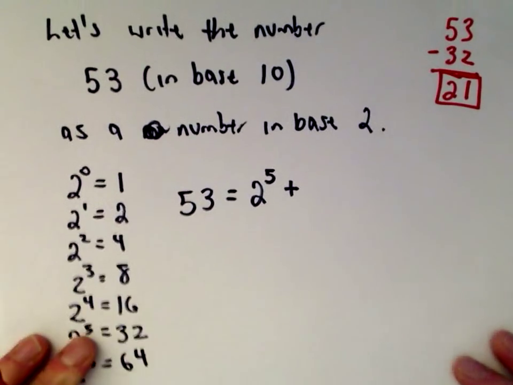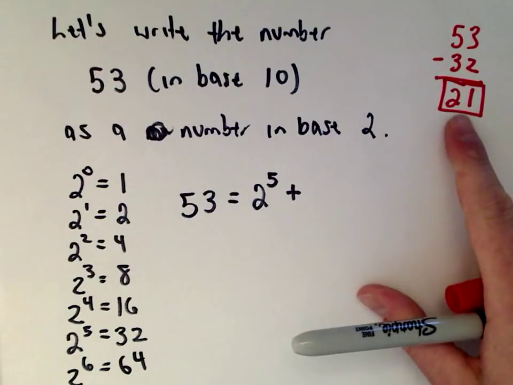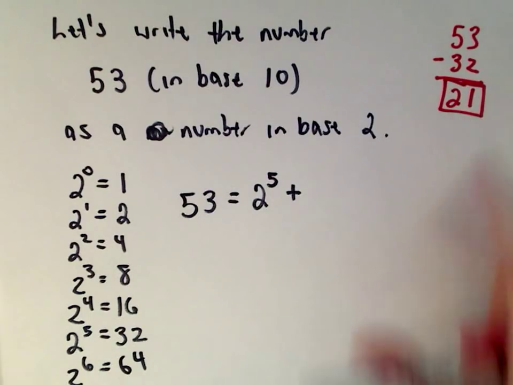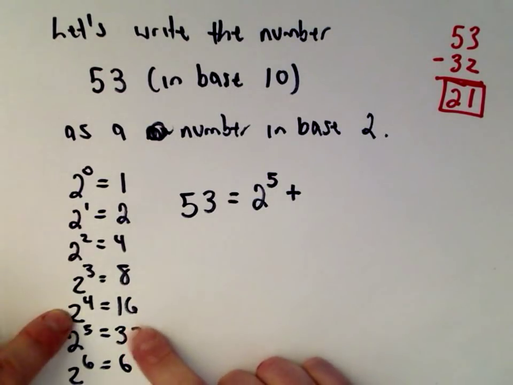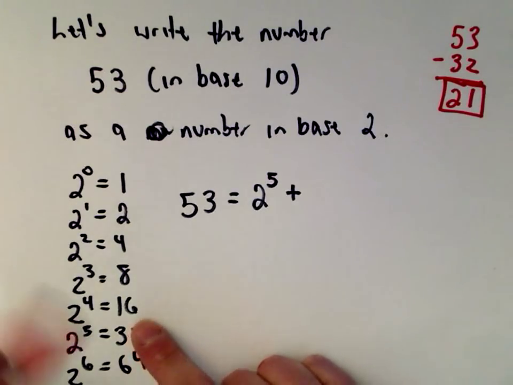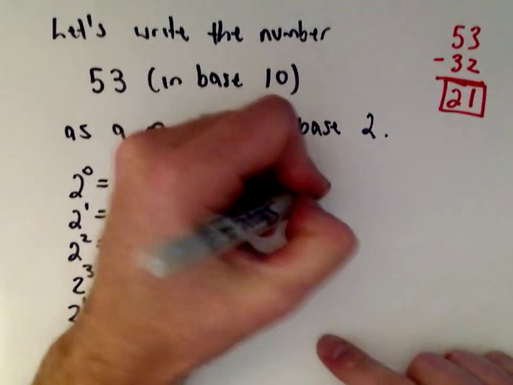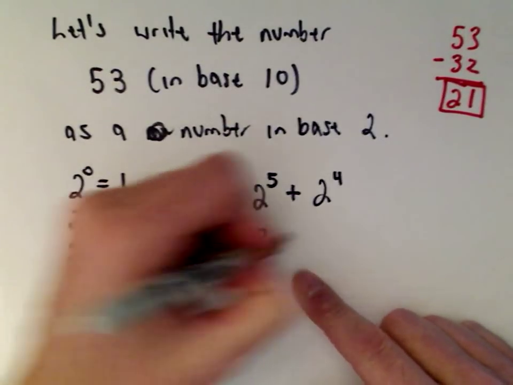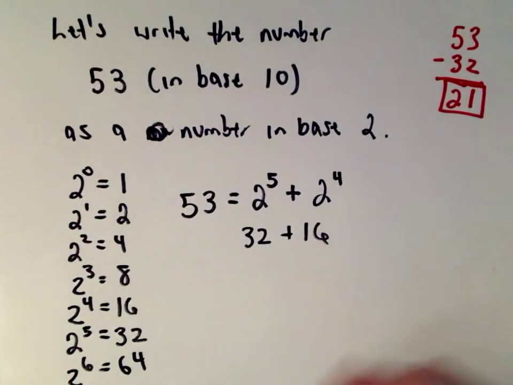And now we do the same thing with this remainder. We think, what's the biggest power of 2 that will go into 21 without going over? Well, 2 to the fourth, that's 16. Again, 2 to the fifth is too big. So if we use 2 to the fourth, so far I've got 32 plus 16.